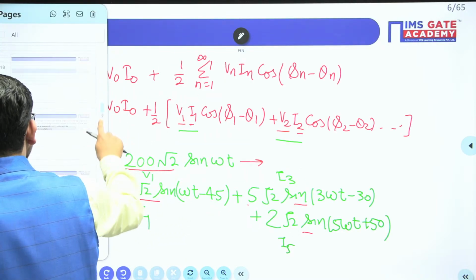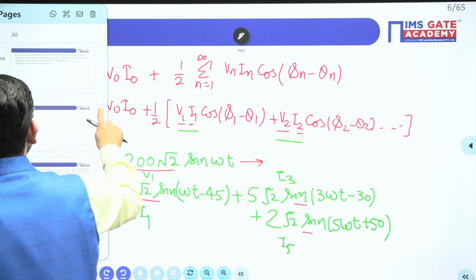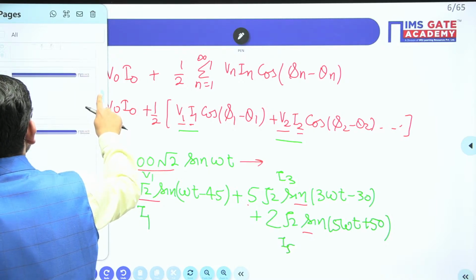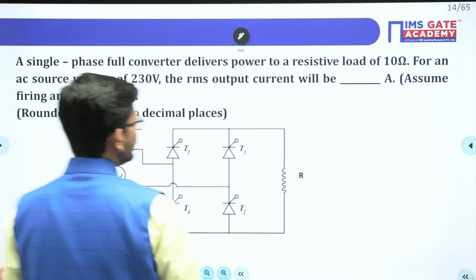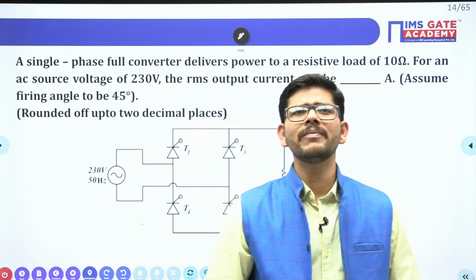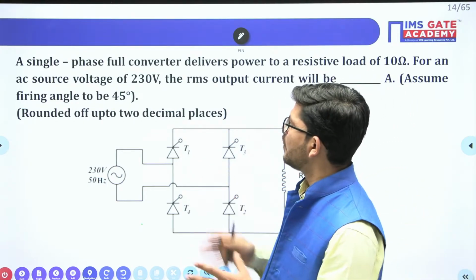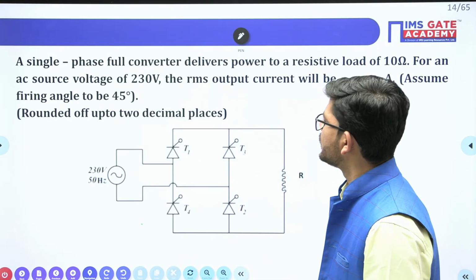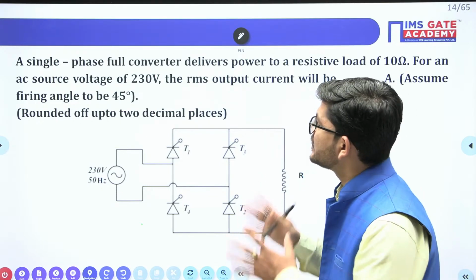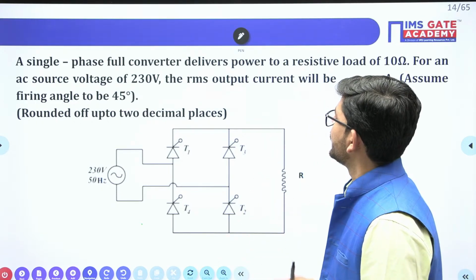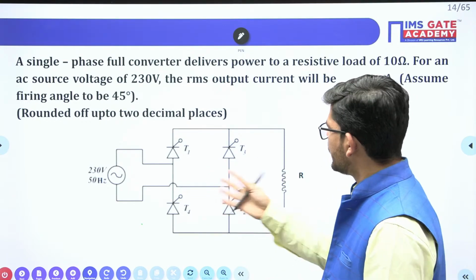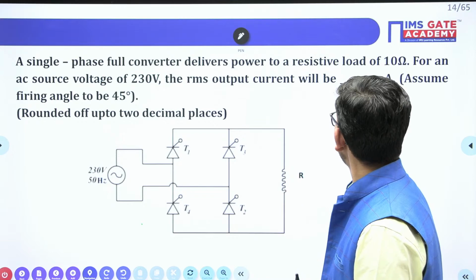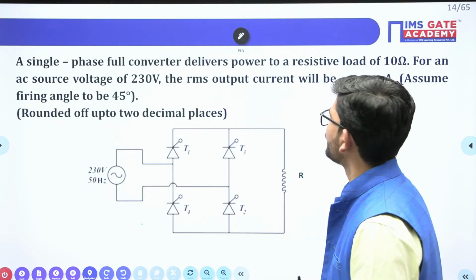Now moving towards the next problem. Just read this problem with me and tell me how we approach solving it. In this, we have a single phase full converter that delivers power to a resistive load of 10 ohm.